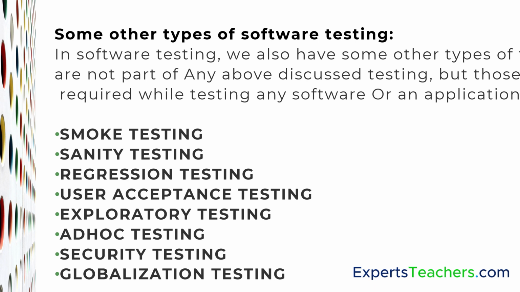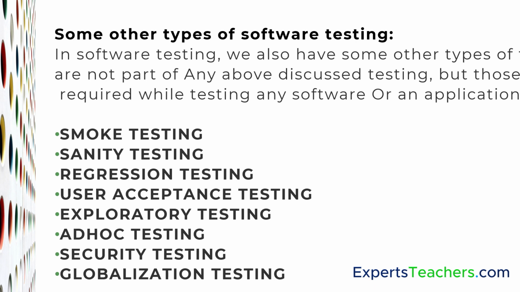So when minor bugs have been fixed and the build is released, we perform sanity testing. It is done in the later part of the software development life cycle, whereas smoke testing is done in the beginning part of the SDLC.